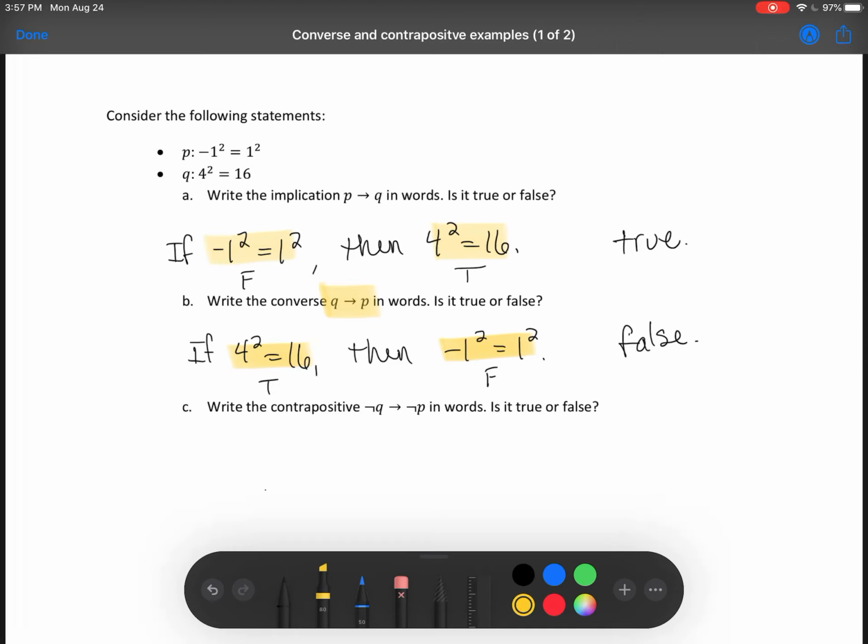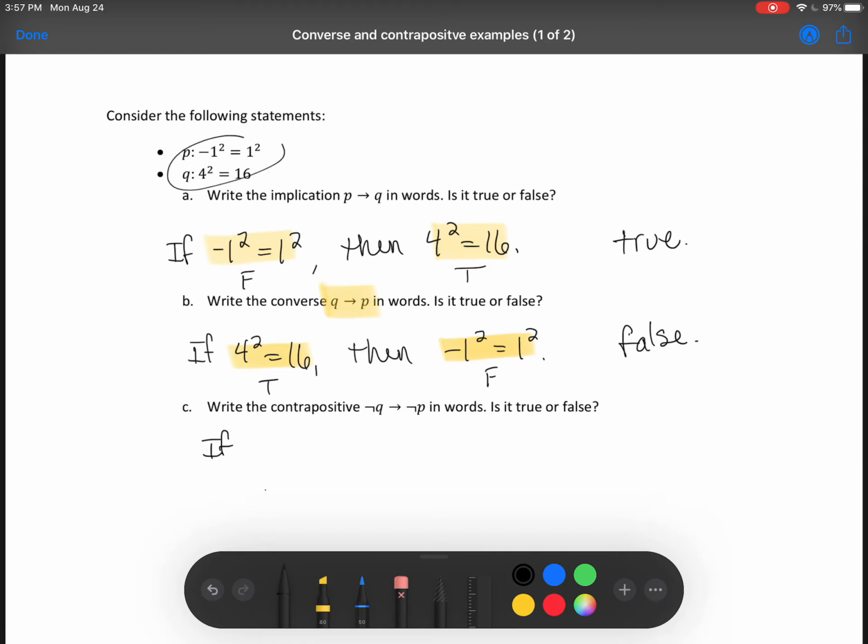So moving on now to the contrapositive, which is, remember, this is our negation symbol in front of the Q. So reading this out loud, we would say if not Q, then not P. So to negate a statement, which is what that means with the not, we could just insert the word not into it.